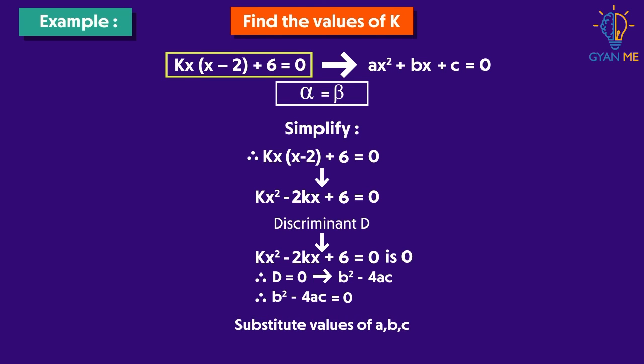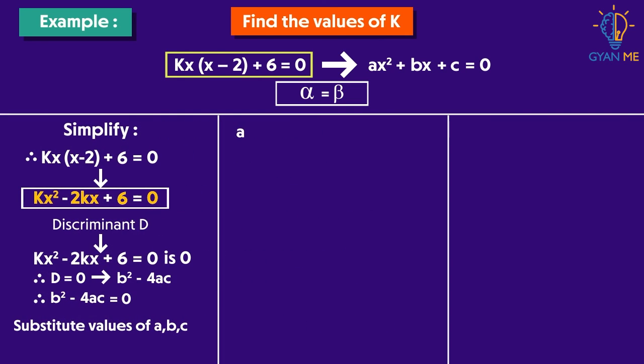Now substitute values of a, b and c from the equation. Here in our example, comparing kx square minus 2kx plus 6 equal to 0 to the standard form, we get a is equal to k, b equal to minus 2k and c as plus 6. Therefore, b square minus 4ac equal to 0 becomes (minus 2k) square minus 4 into k into 6 equal to 0.